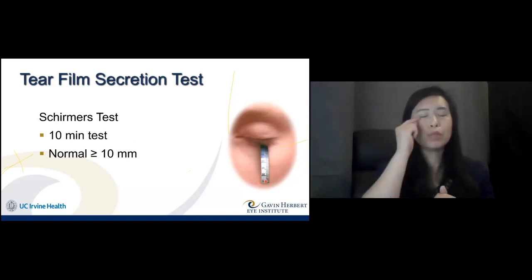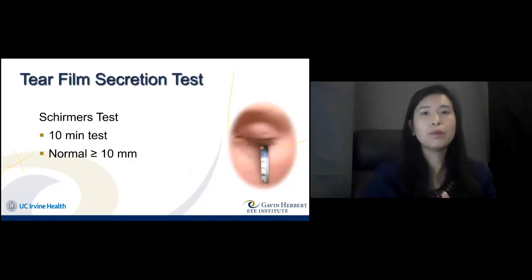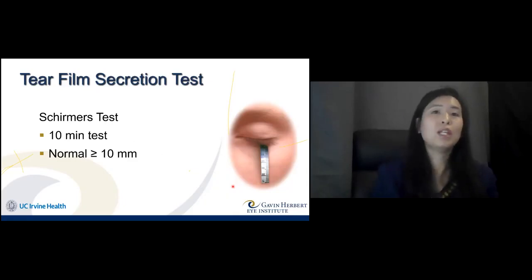And after 10 minutes, we come and take that paper out and we measure how many millimeters the patient's tears have wet the strip of paper. So normal would be anywhere from 10 millimeters or beyond. And patients who have really severe dry eye, some patients make tears in the single-digit millimeters.